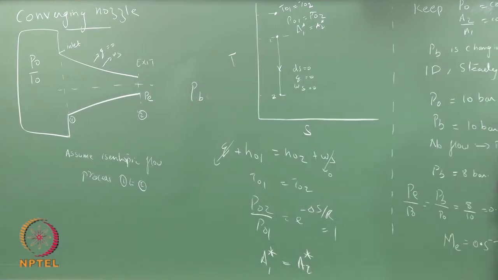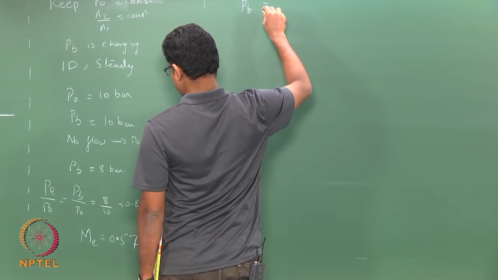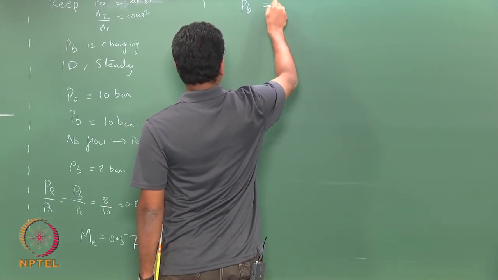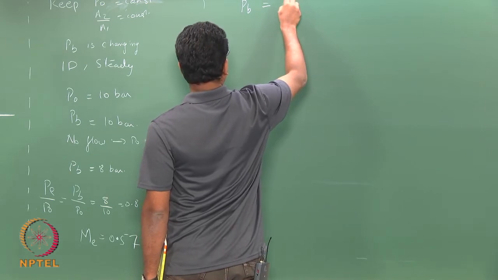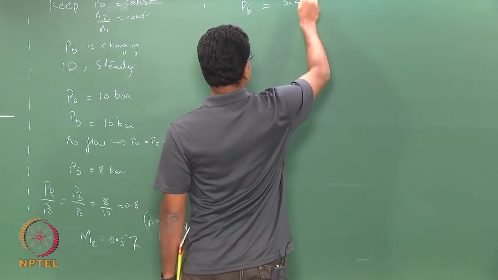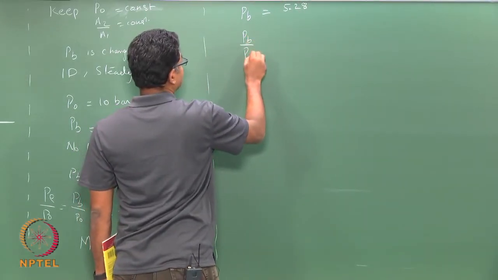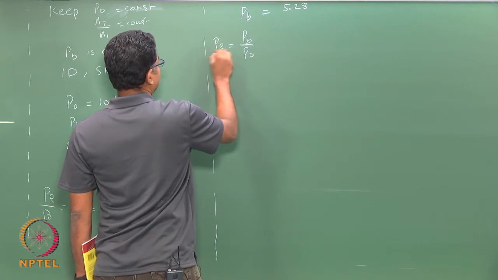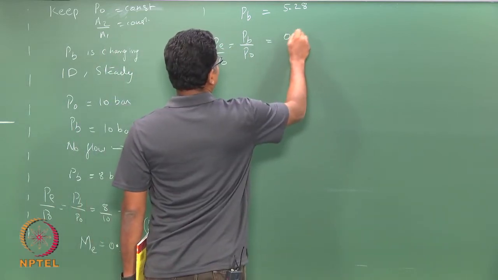Now, I decrease my back pressure further to 5.28, so that Pb by P0, P exit by P0, is 0.528.